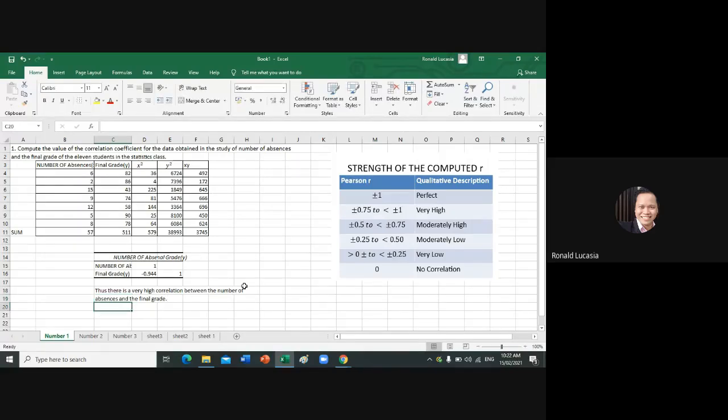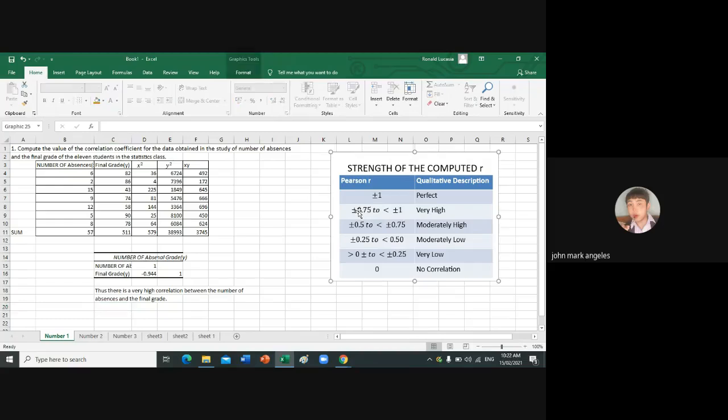Question so far? Sir, who is this? John Mark. Sa final grade po, pag positive po ba, ang magiging sagot po namin dun sa kagaya nung ginawa niyo, thus there is a very high correlation, magiging low pag positive? No, po. This one kasi, you just disregard the negative and the positive sign.